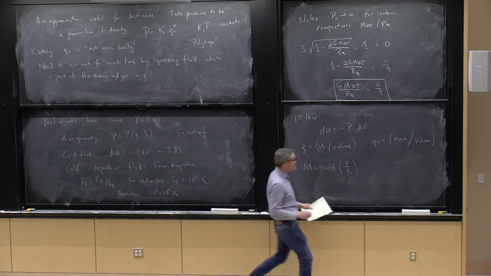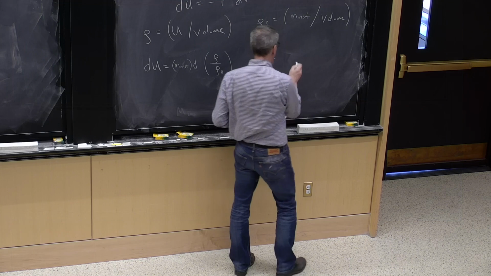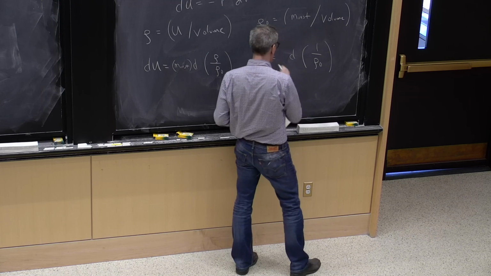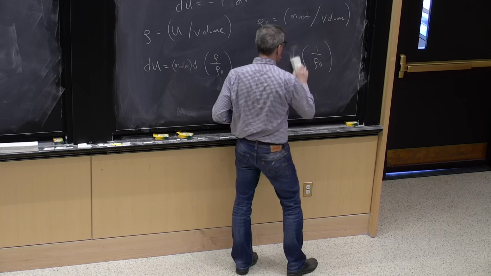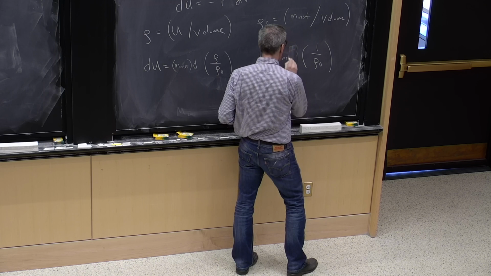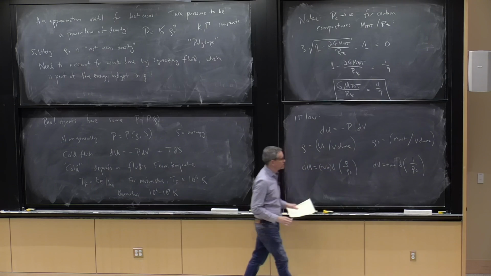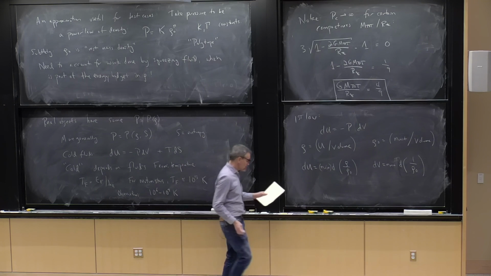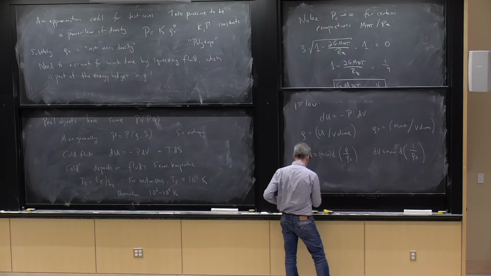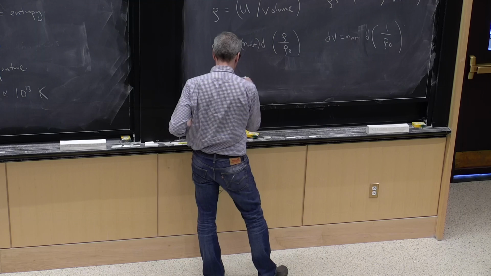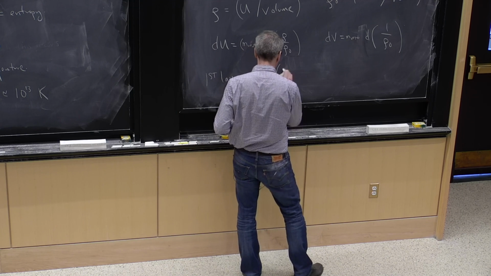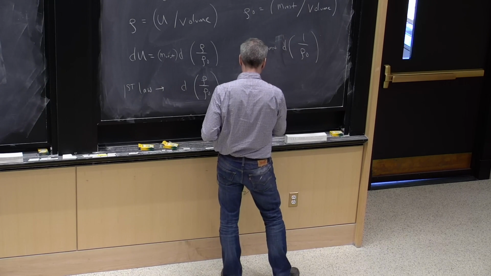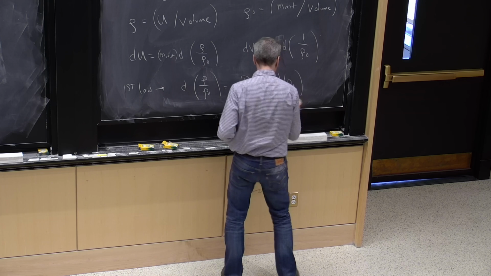And I can write d volume as d of 1 over rho 0, provided I throw in that factor of m rest to get the dimensions right. Okay, I know this looks weird, but it's perfectly valid. Okay, so I'm going to rewrite my first law of thermodynamics as d rho over rho 0 equals minus p d of 1 over rho 0.